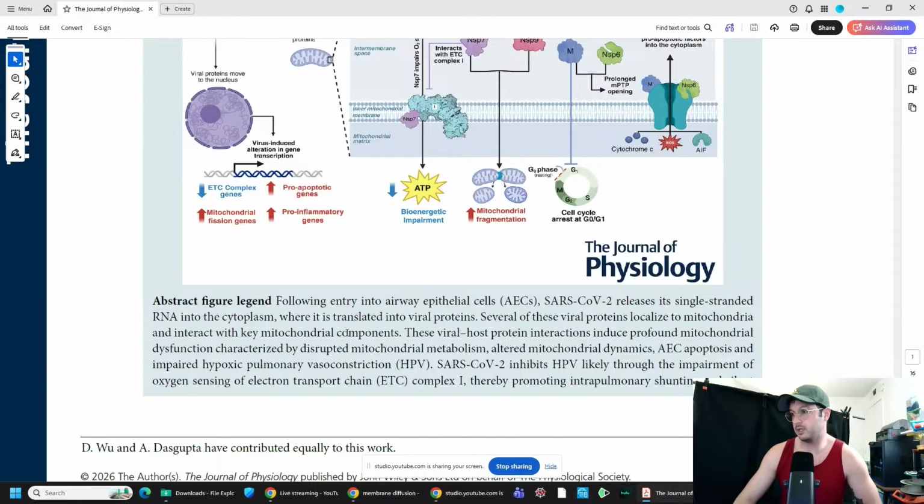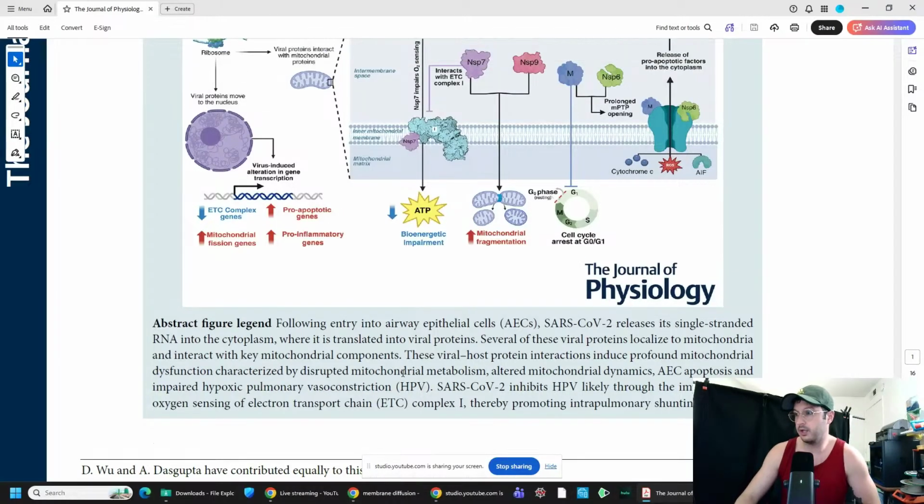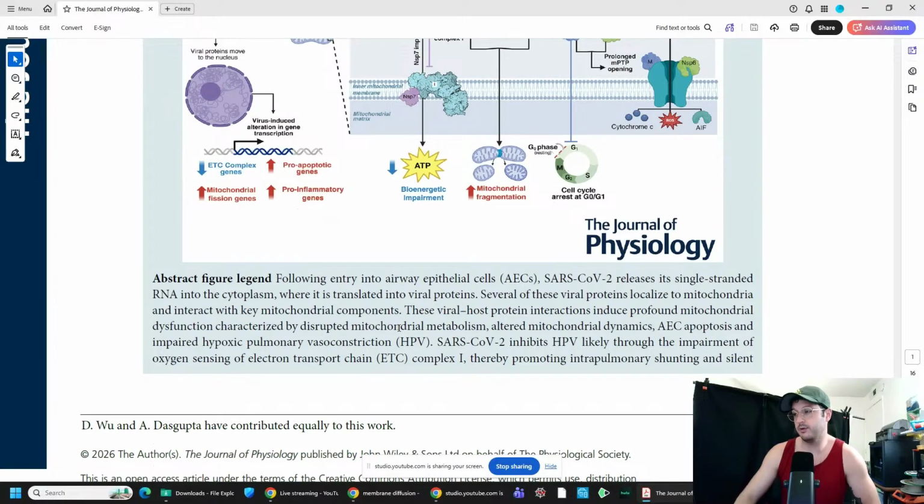So hypoxia, typically you don't have enough oxygen for something, so it's a high CO2 environment. Vasoconstriction is when the blood vessels get smaller. Constriction is getting tighter, kind of like a boa constrictor. If we're thinking about the capillaries in your airway, if these are getting too small, you're not able to have enough oxygen transport.